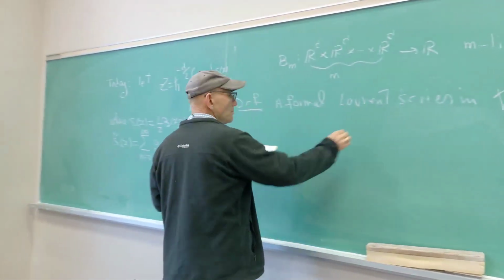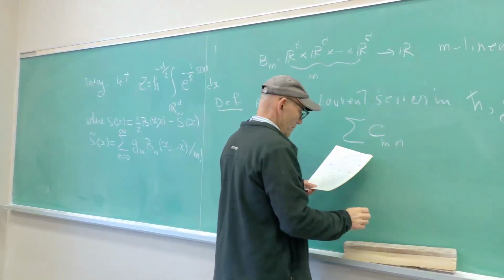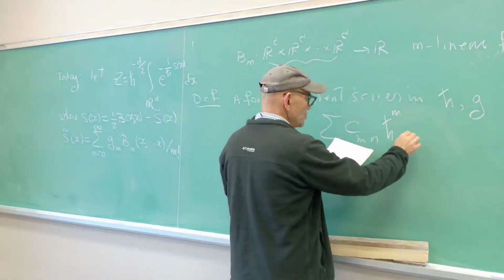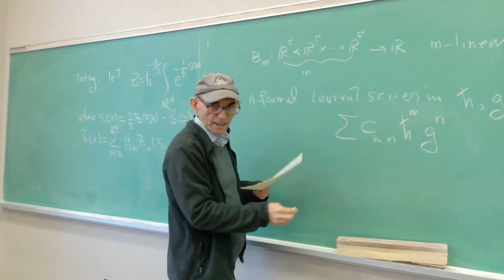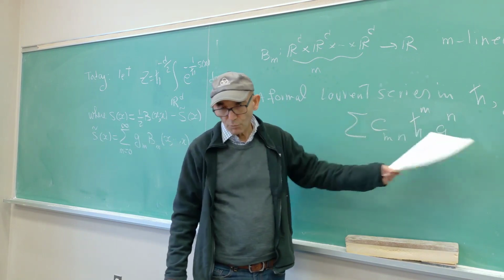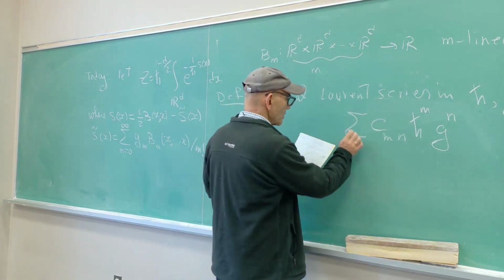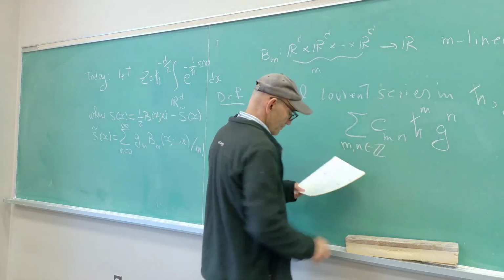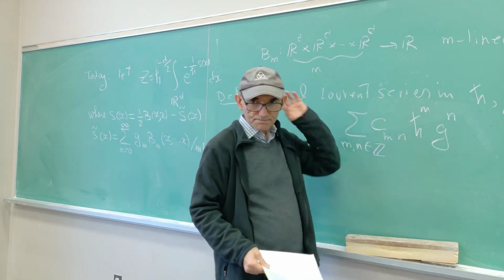We just say sum of c_{mn} h bar to the power m, g to the power n. But m and n belong to Z. It could be negative powers potentially. Both m and n can go in a negative direction, but this is okay. So m and n belonging to Z, this is a formal Laurent series.